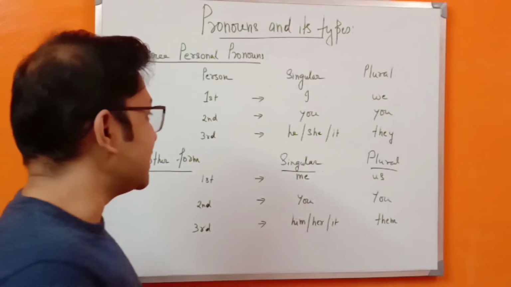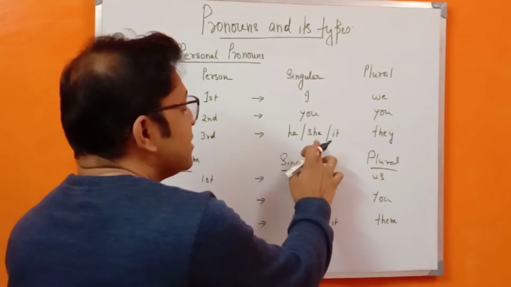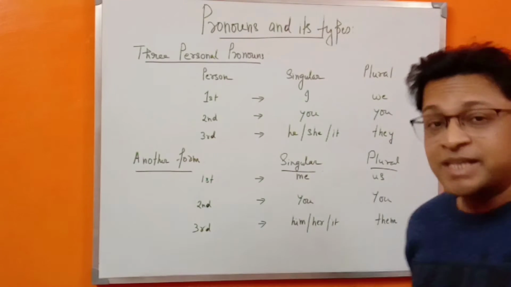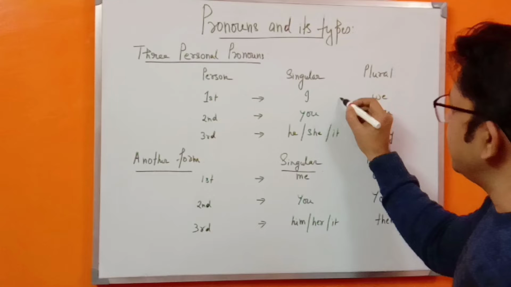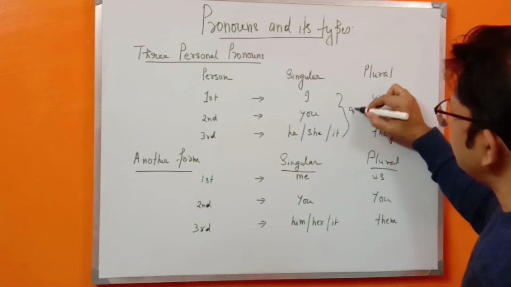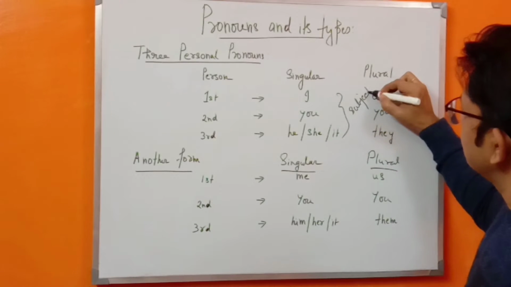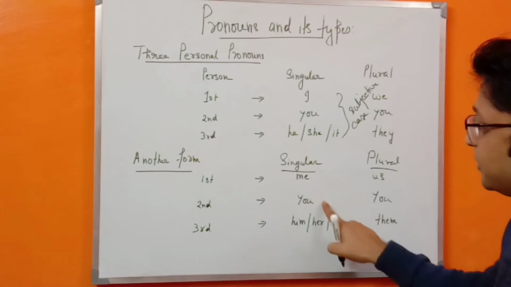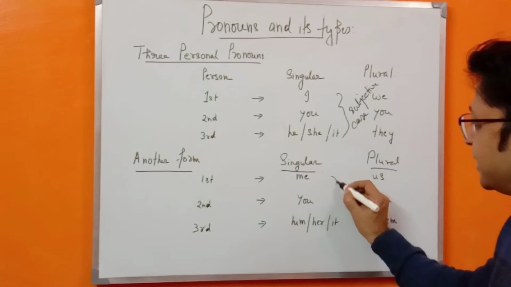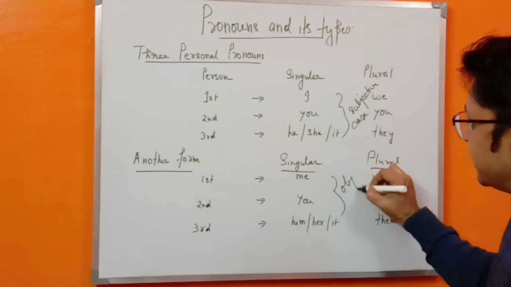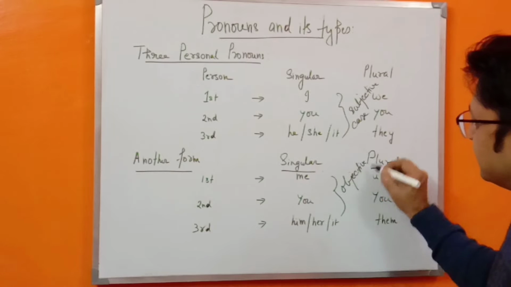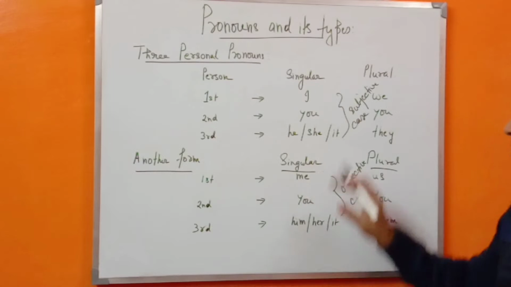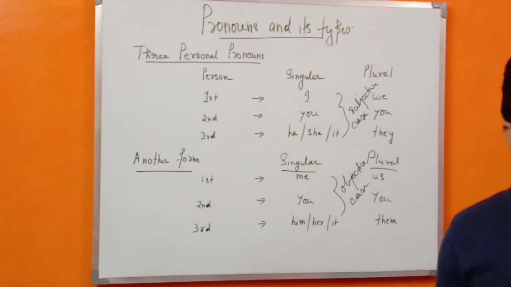Now remember one thing: I, you, he, she and it are showing the subjective case. Okay, but me, you, him, her and it are showing the objective case. You have to remember these things very carefully because these show the subjective case.